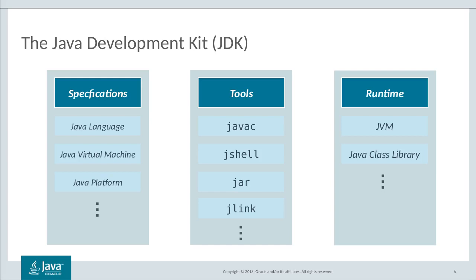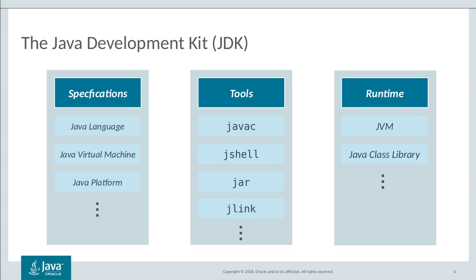For example, javac, the compiler from Java source code to class files. JShell, the REPL you can use to quickly evaluate small snippets of Java code. And also packaging tools like jar and jlink. And finally, we have the Java runtime environment, primarily consisting of the Java Virtual Machine, or JVM for short, and the Java class library.